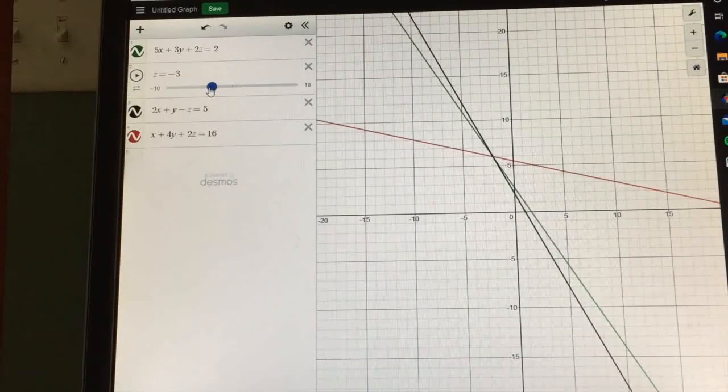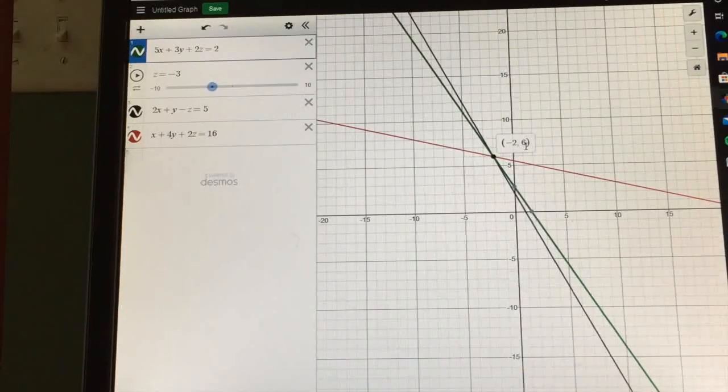So looks like right about there. And if I click on that point, the z value right here is -3, the x value is -2, and the y value is 6. So we've got that system solved. x is -2, y is 6, and z is -3.